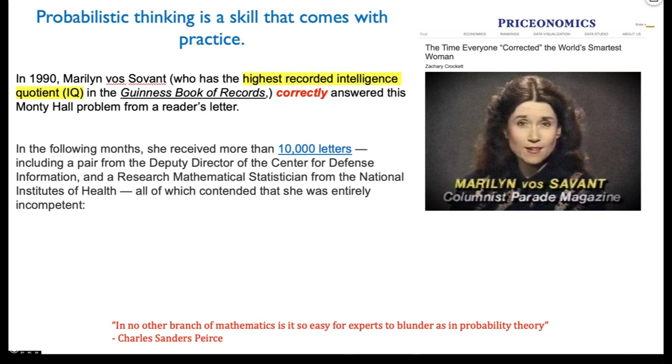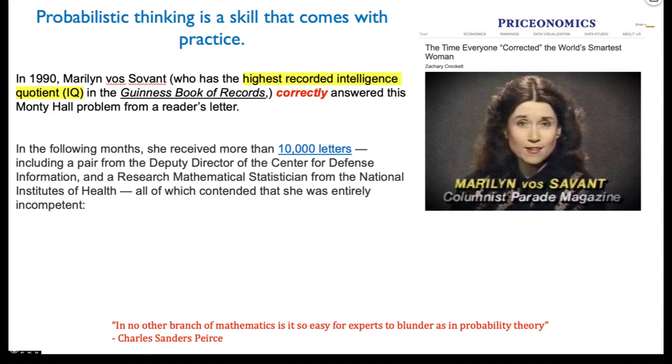Fun history fact about this problem. In as late as the 1990s, this was asked by a reader in Parade magazine to columnist Marilyn vos Savant, who answered a bunch of different questions that readers would write in. They asked this Monty Hall question. She correctly answered that you should switch.